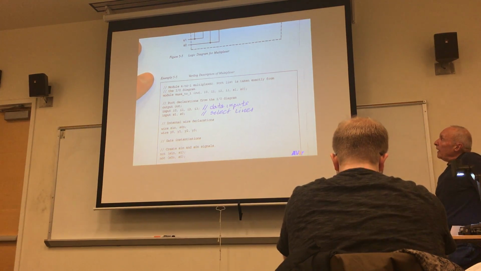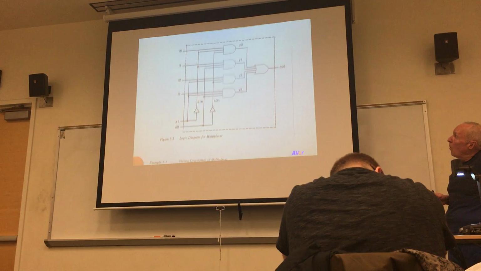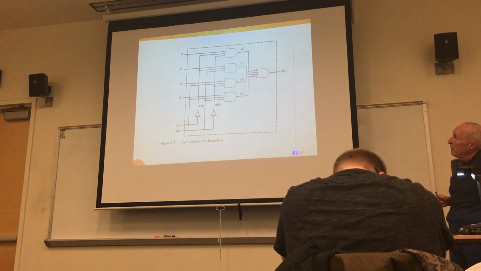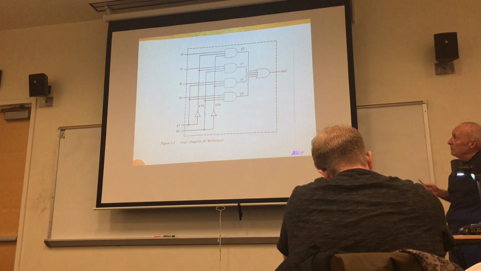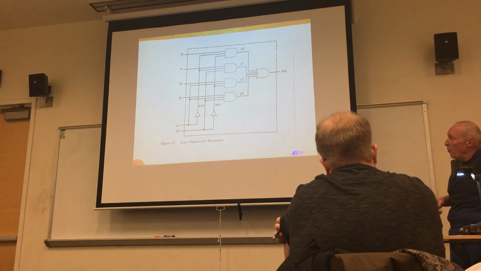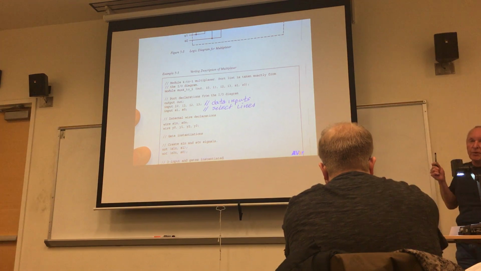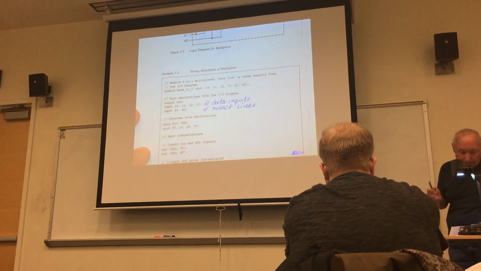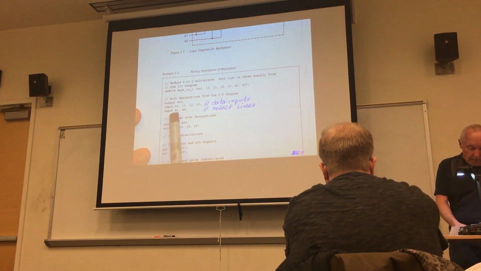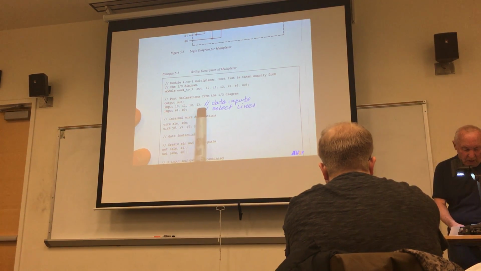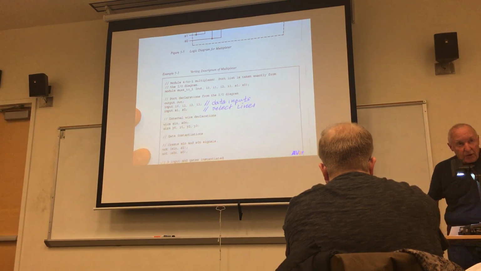So I've identified what the signals are that will be interfaced to this 4-to-1 multiplexer. But now I have to have the declarations to tell the synthesizer which ones are inputs and which ones are outputs and what size they are. So the port declarations are input I0, I1, I2, I3, and on a separate line, input S1 and S0.